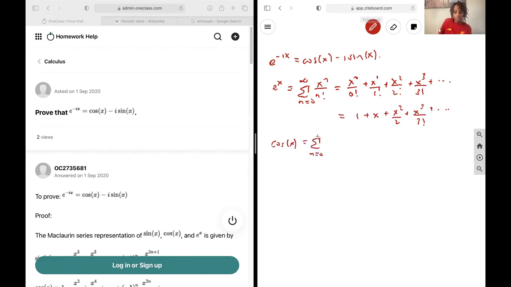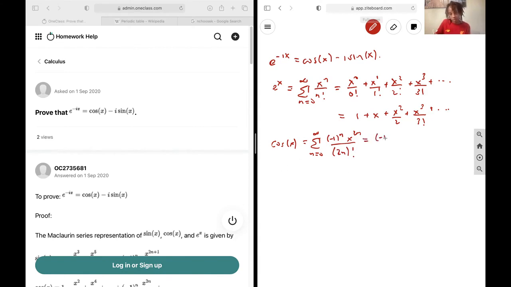and it is going to be the summation from n is equal to 0 to infinity of negative 1 to the power of n, x to the power of 2n over 2n factorial. These can all be found just using the formula evaluated at 0.